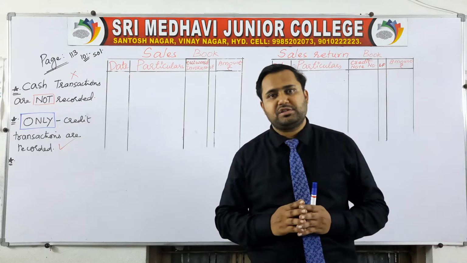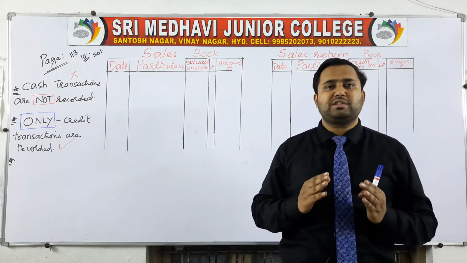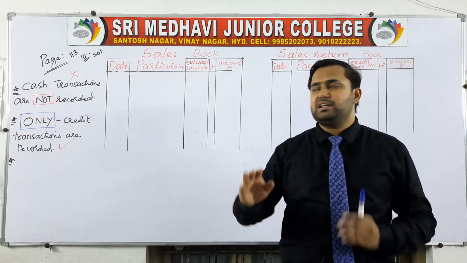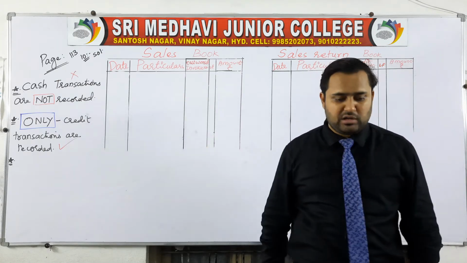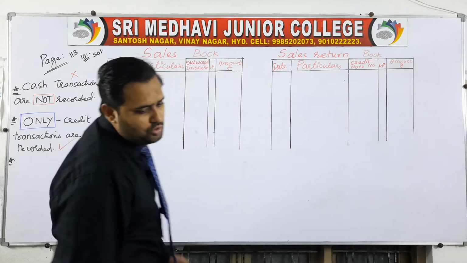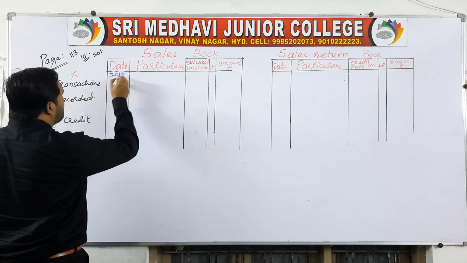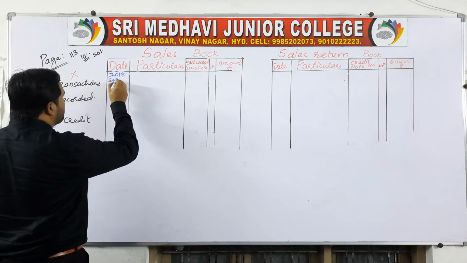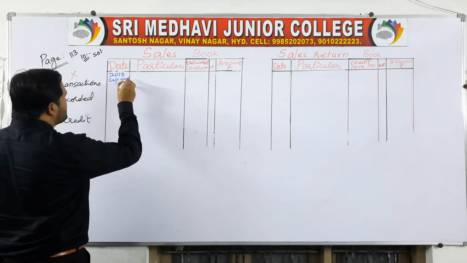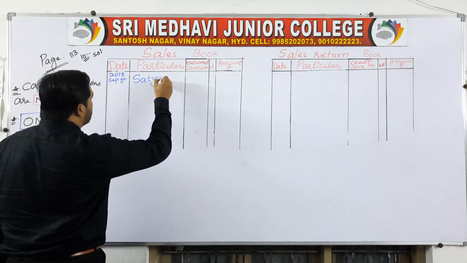Here on 1st September 2018, sold goods to Satyam. So this transaction belongs to sales book. September 1st, sold goods to Satyam.